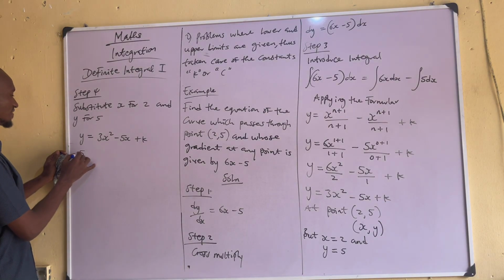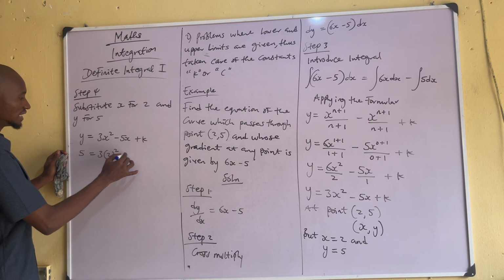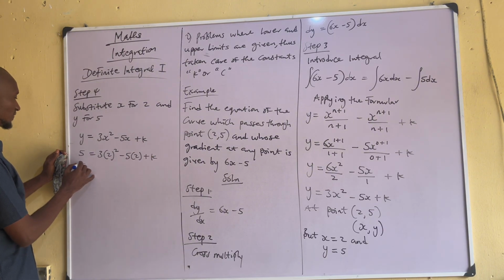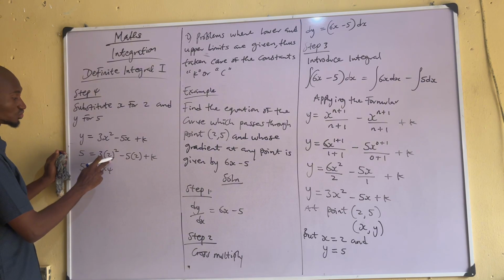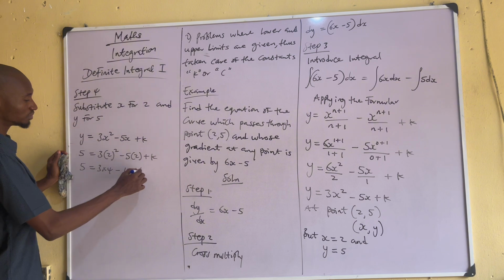So here will be 5 equal to 3 into bracket 2 squared minus 5 into bracket 2 plus k. So this is 5 equal to 3 times 4, because 2 squared is 4, minus 5 times 2, 10, plus k.